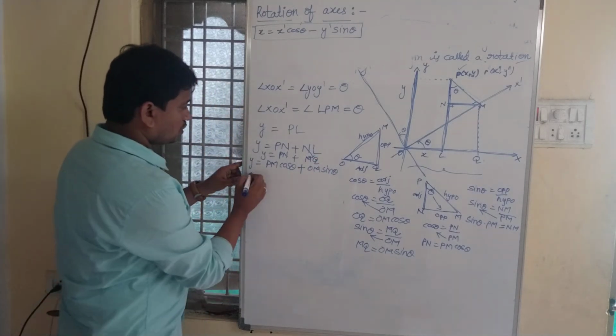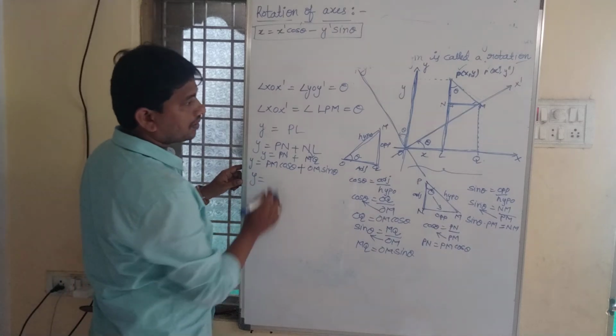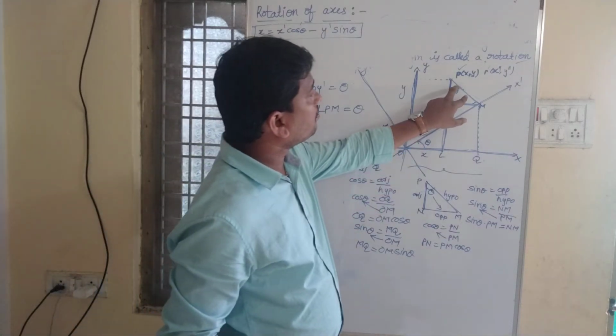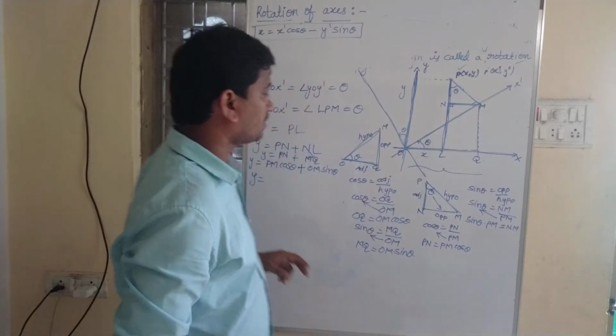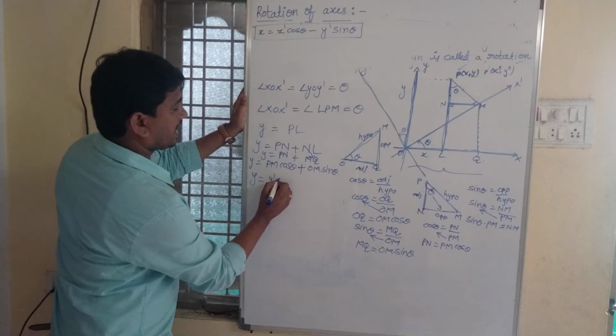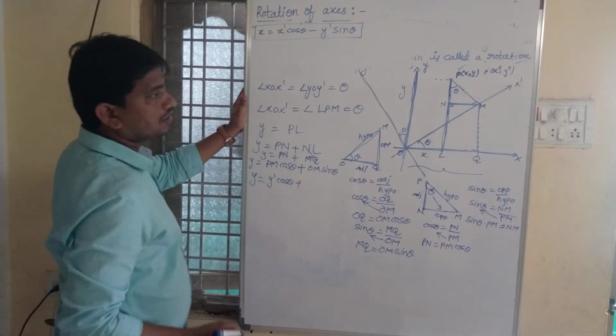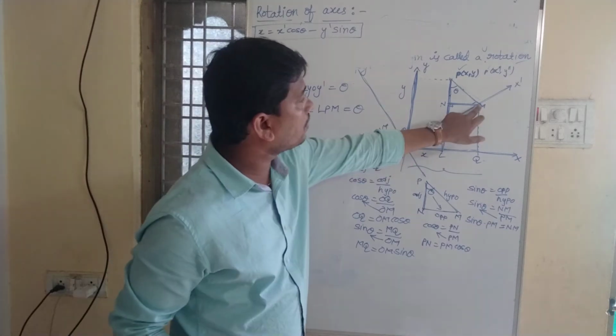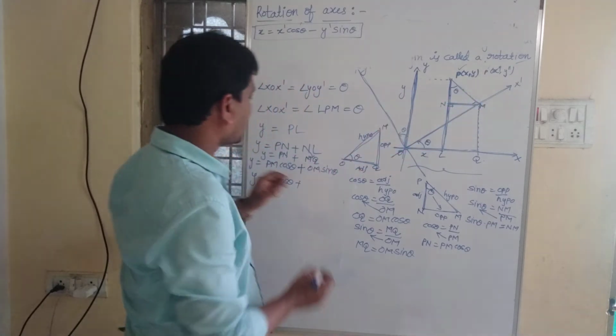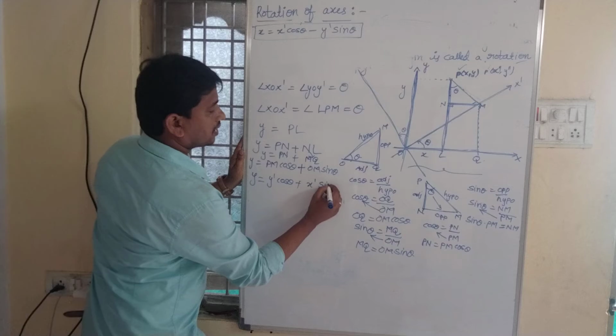Right? So y equals PM, this is our PM, the new axis, that is y dash, cos theta, plus OM. Where is OM, children? This is our OM, the new x-axis, that is x dash, sin theta.